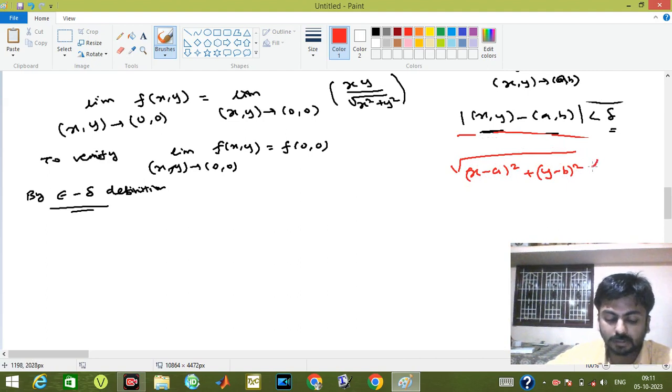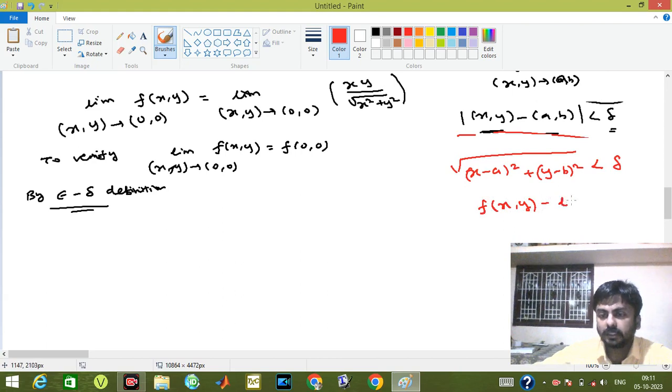And this is also less than delta. So you have to keep in mind, if it is so, then we can write the modulus of f(x, y) minus L is less than epsilon. Am I right?